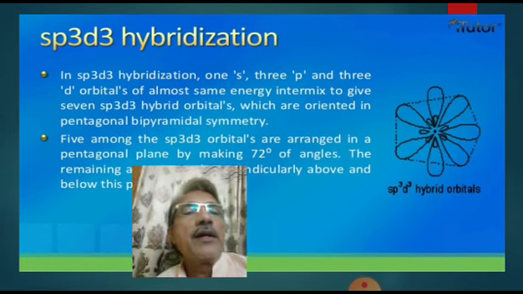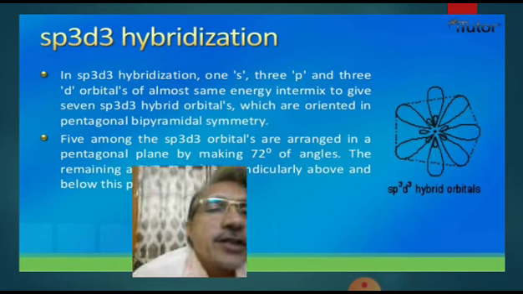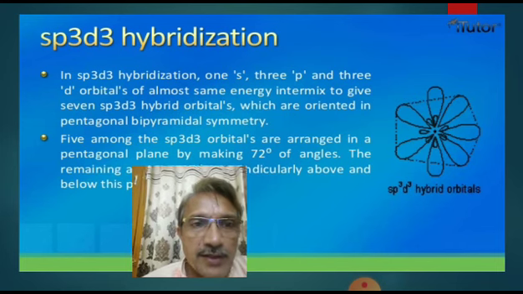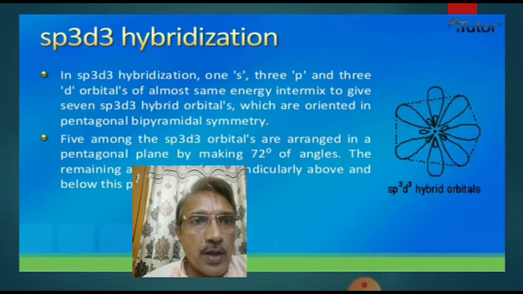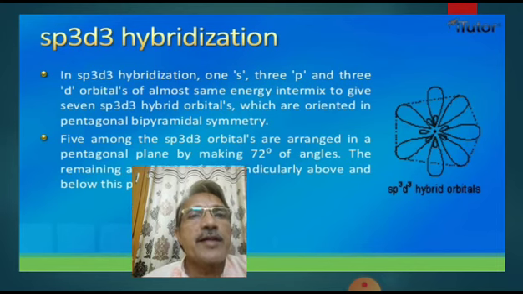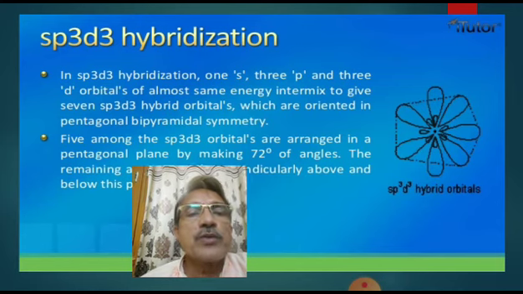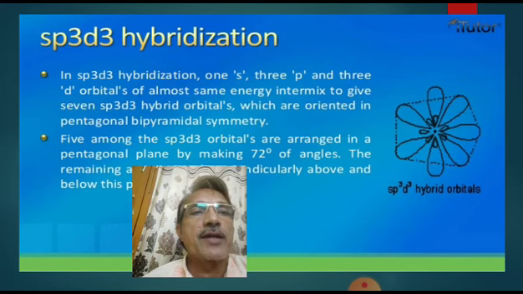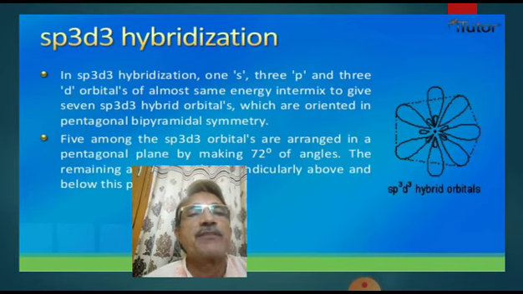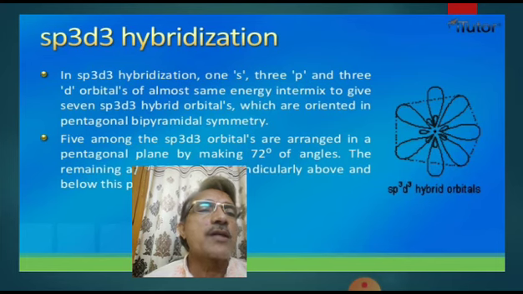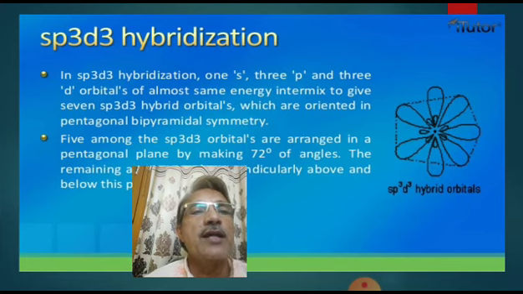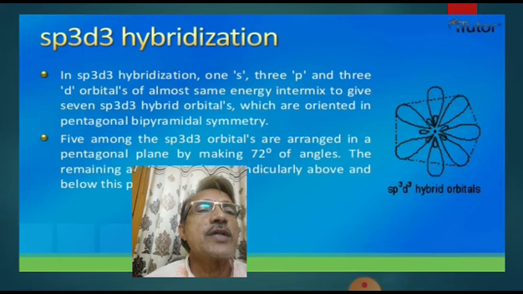Now look at the sp3d3 hybridization. In sp3d3 hybridization, one s, 3 p and 3 d orbitals of almost the same energy intermix to give 7 sp3d3 hybrid orbitals, which are oriented in pentagonal bipyramidal symmetry. 5 among the sp3d3 orbitals are arranged in a pentagonal plane by making 72 degree angles.